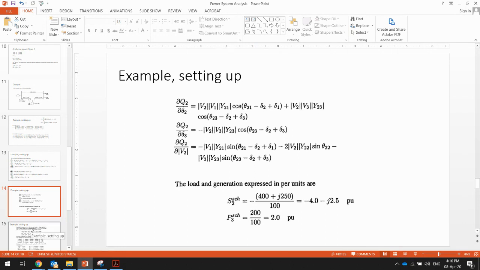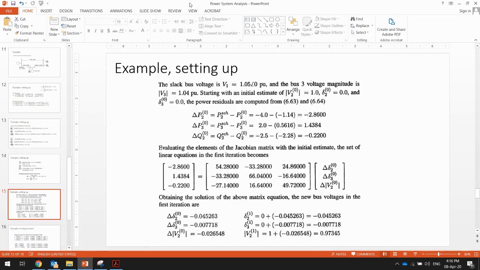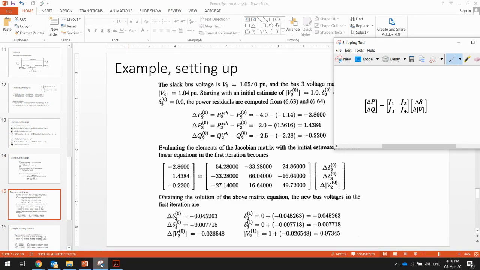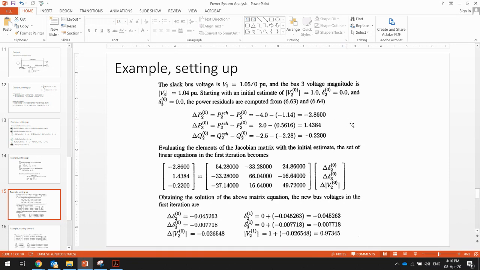Okay, now we are ready to apply our Newton-Raphson method. The first step of the Newton-Raphson method is, remember, your purpose now is to identify the values of V2, delta 2, and delta 3.